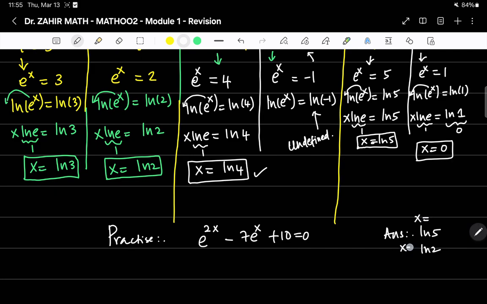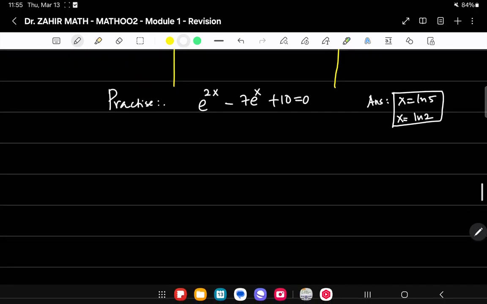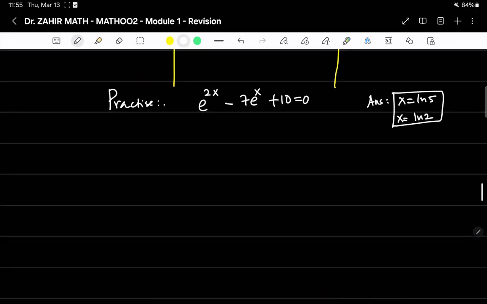So x equals ln 5 and x equals ln 2. These are the two answers. You're going to get them if you solve these equations. If you have any problem, just put your ideas in the comment box.